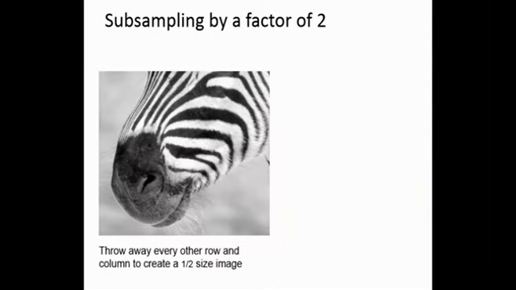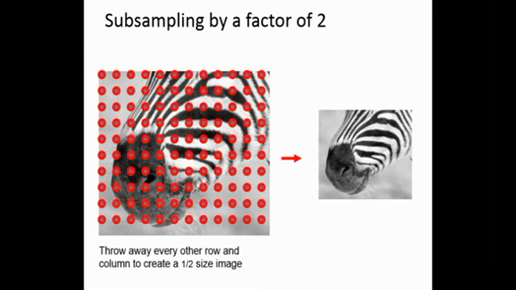Okay, so how do we subsample an image? One way is by throwing away every other row and column to create a half-size image. That sometimes looks okay. If I just downsample by a factor of 2, this is the result. So here I created a smaller image.